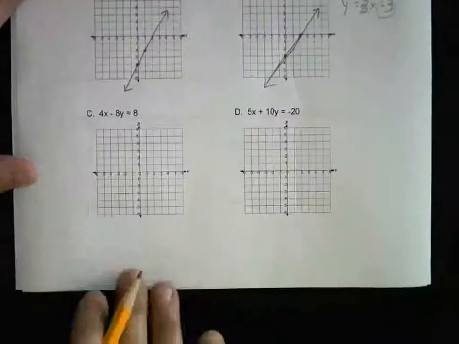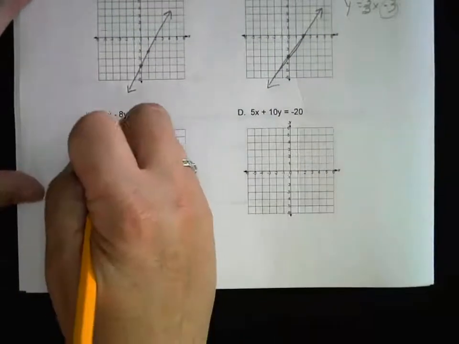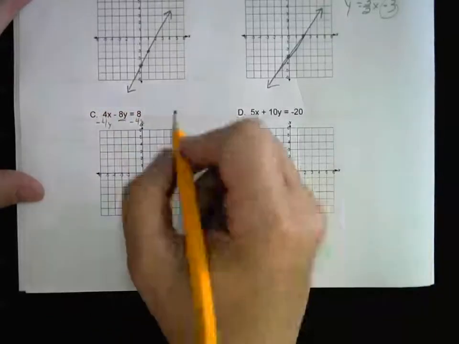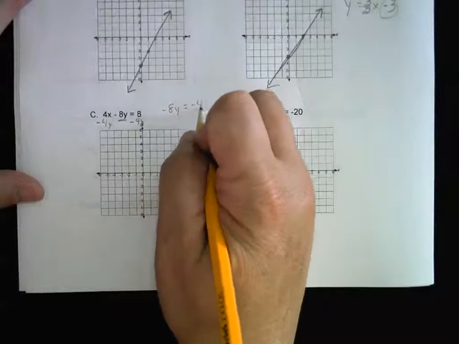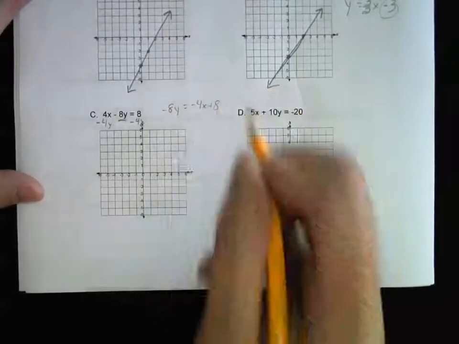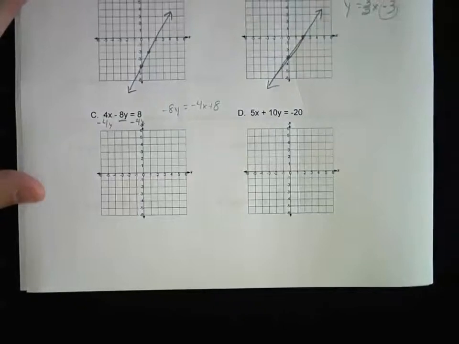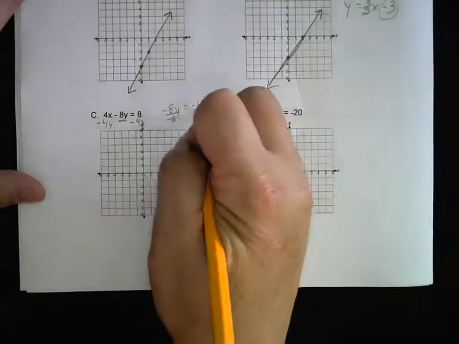Letter C, we're trying to solve for y. First thing I'm going to do is subtract 4x from both sides. And that becomes negative 8y equals negative 4x plus 8. And then divide everything by negative 8.